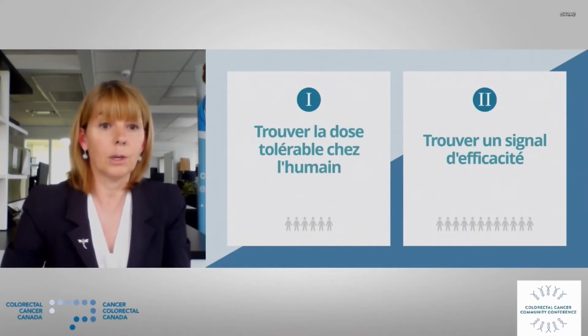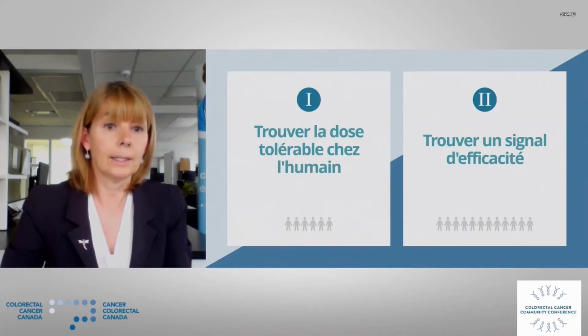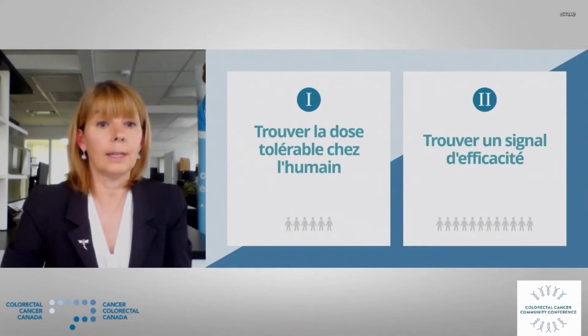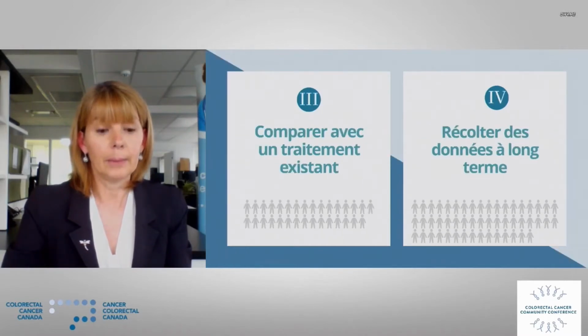They start thinking, well, maybe this drug will be efficient. It seems to be efficient in this kind of situation. For example, will the experimental treatment that is currently being tested allow to control the growth of a tumor? So this is the kind of things that we do in a phase 2 trial. Next slide.